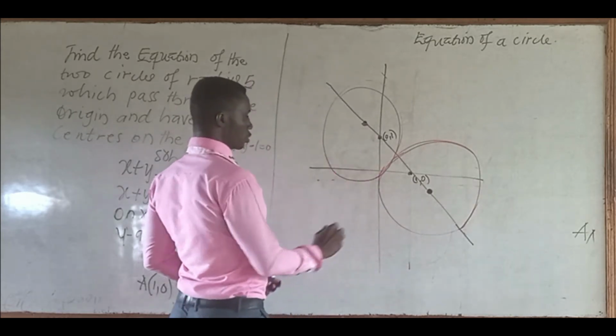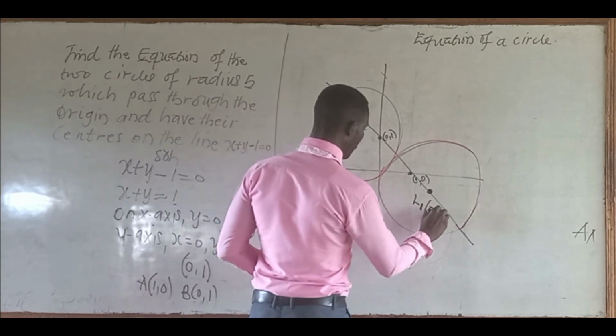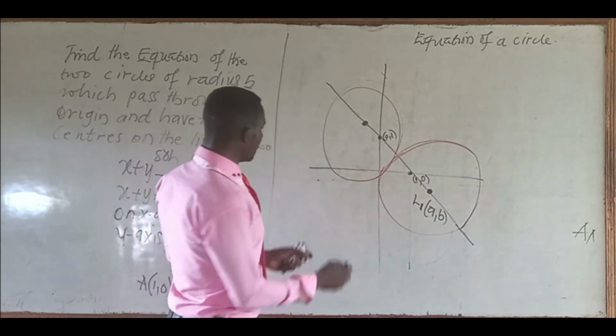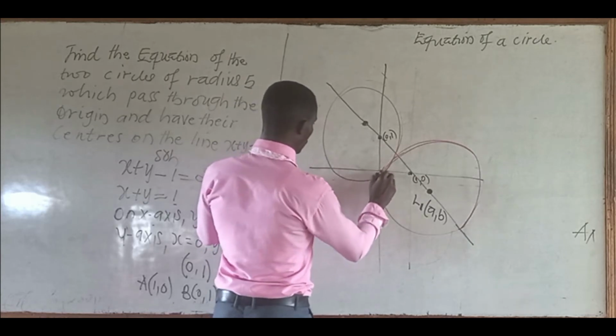Let me name the line L1. Let our center be A, B. So this is the center, and the circles pass through the origin, 0, 0.